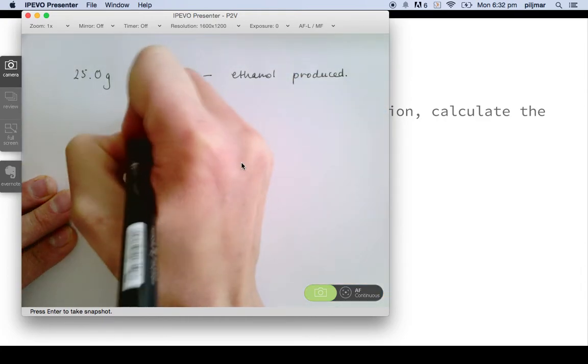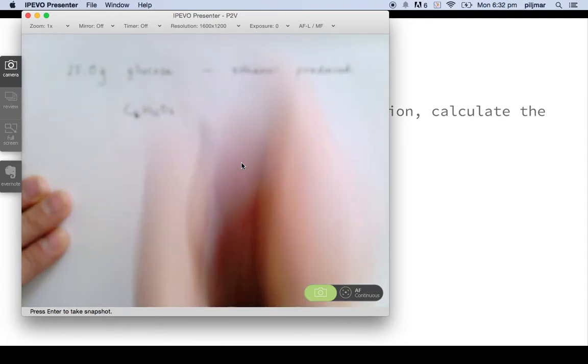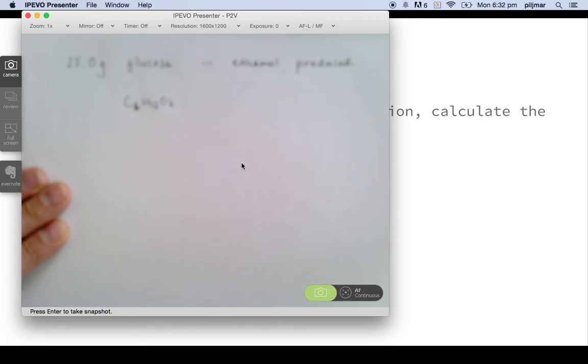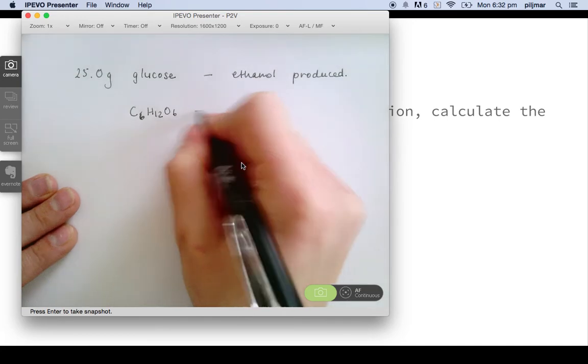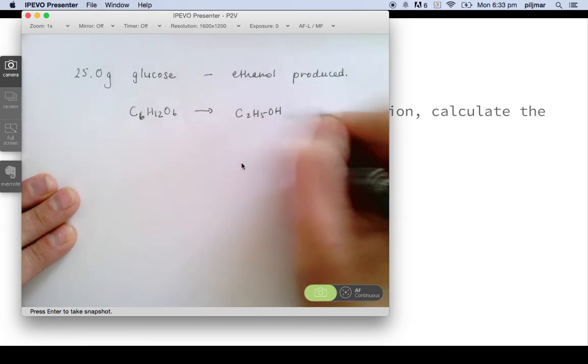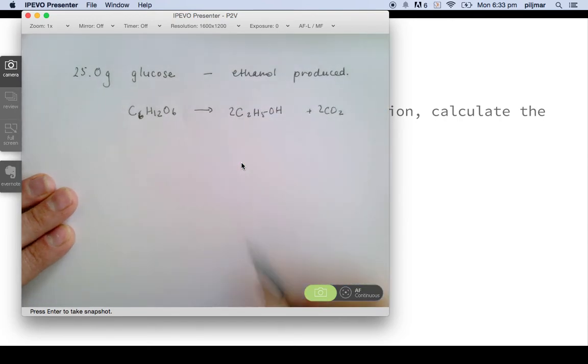Same thing, we'd write our chemical equation, C6H12O6, just waiting for it to clear up, there we go, becomes C2H5OH plus CO2, 2 moles of each.